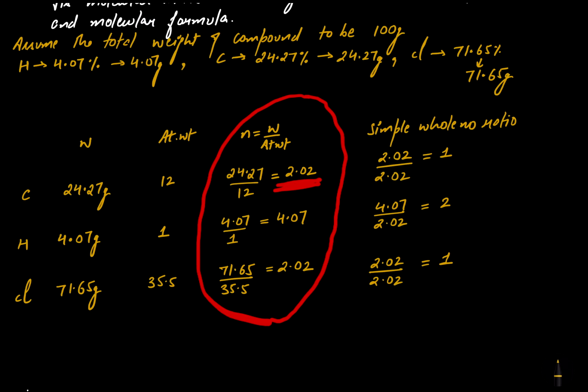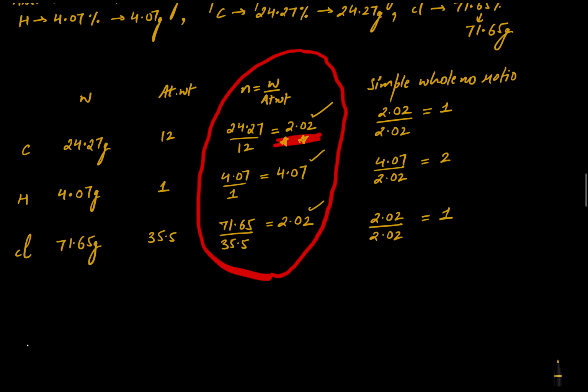Hopefully you got it. So I have divided all the values of moles by the lowest value of the mole, which is 2.02. So my empirical formula comes out to be carbon, hydrogen and chlorine.